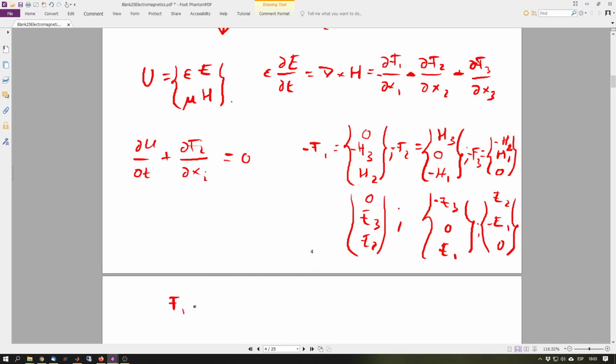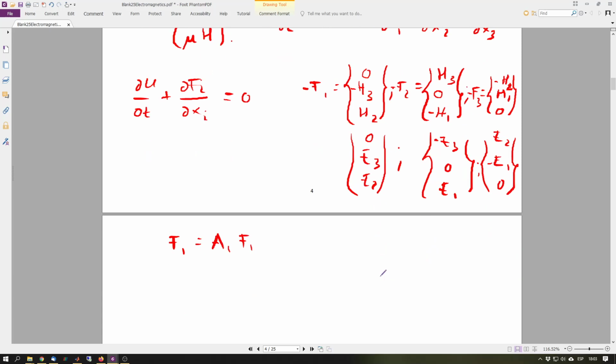Note that my f1, I can build it as a matrix by f1, where the matrix is constant. Sorry, I didn't mean f1 by the same u, but by my unknown, which contains u and e.